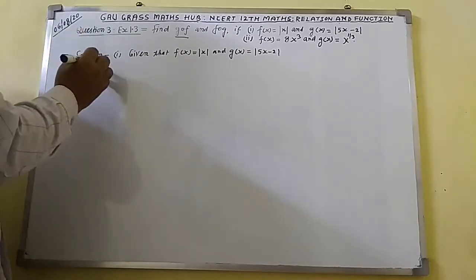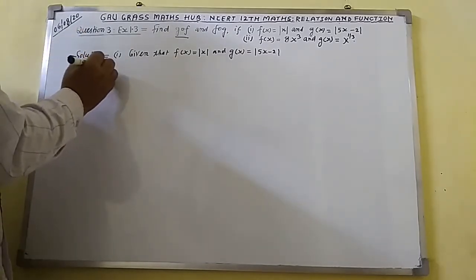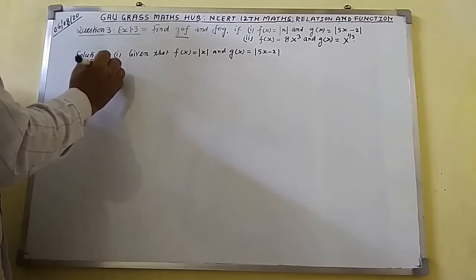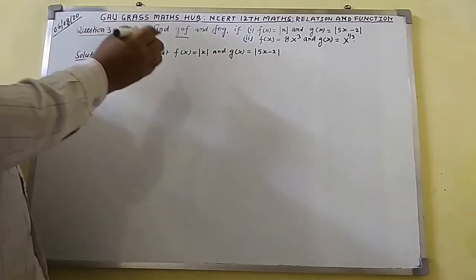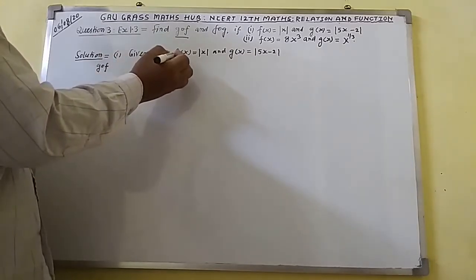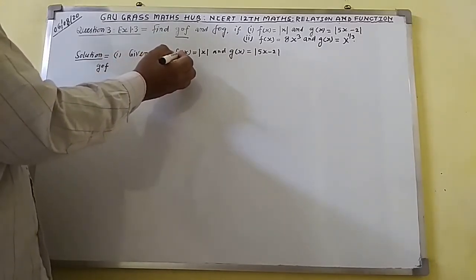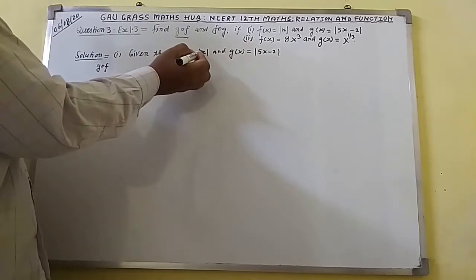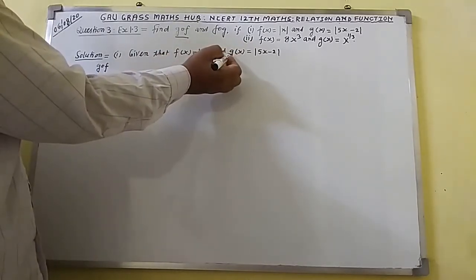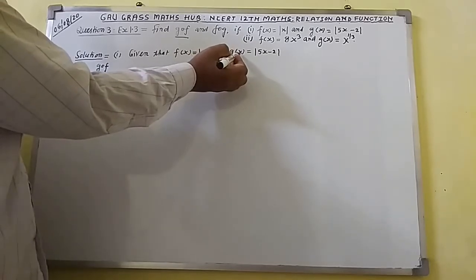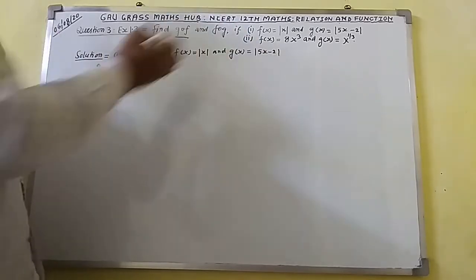So write g of f, and now here you can see x is related to |x|, and in case of g, x is related to g(x).